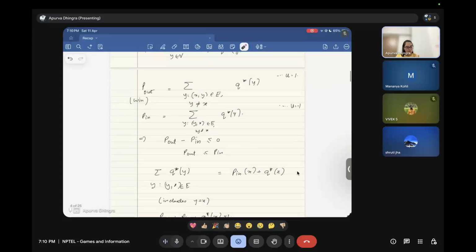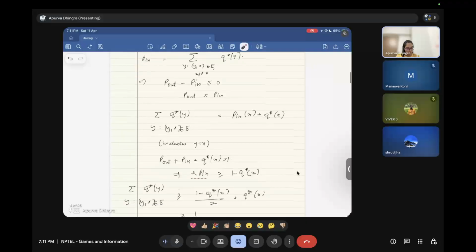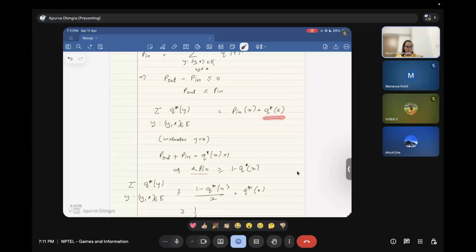And those particular scenarios where you're supposed to look at kind of a self loop, because if you look at the options given, the object is this q star of y, and y can be any of these edges, but they're not saying that y can't be equal to x, so that is actually included, and that is referring to some extra quantity.